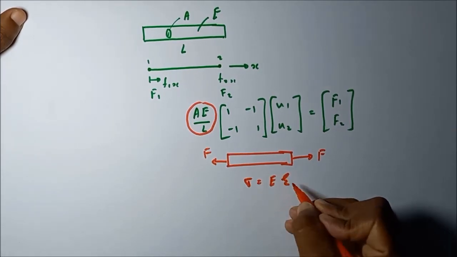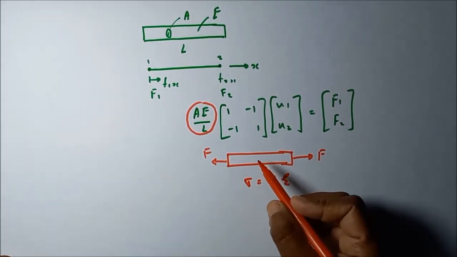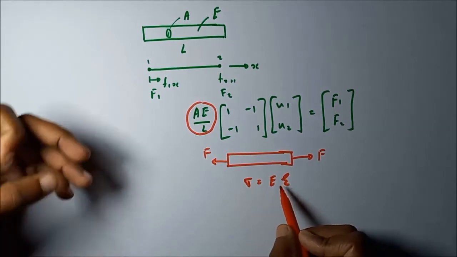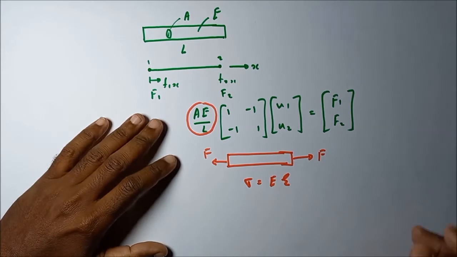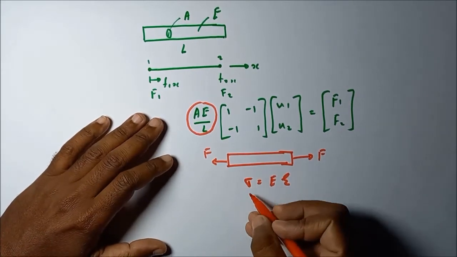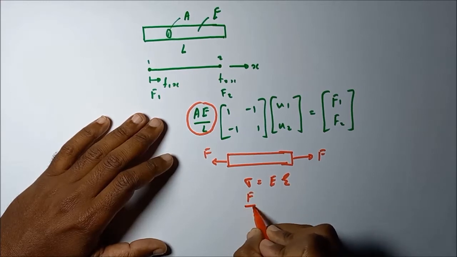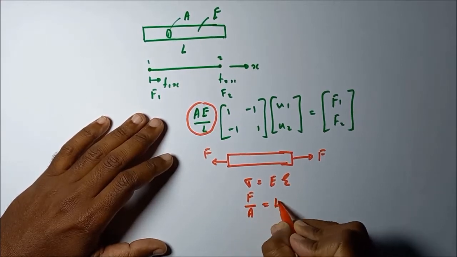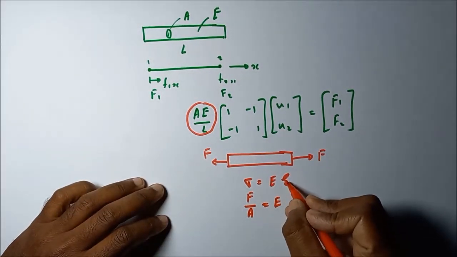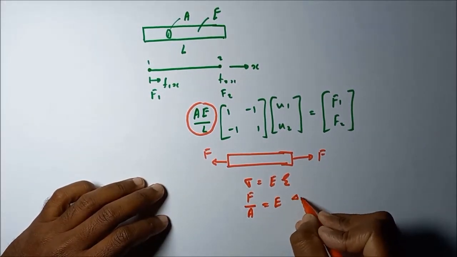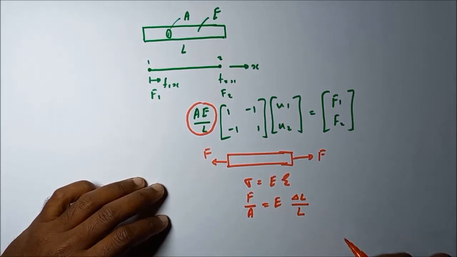Sigma is equal to E into epsilon, in the proportional region. So sigma we can write as F divided by A, and epsilon is the strain, delta L, the extended length, divided by the original length.